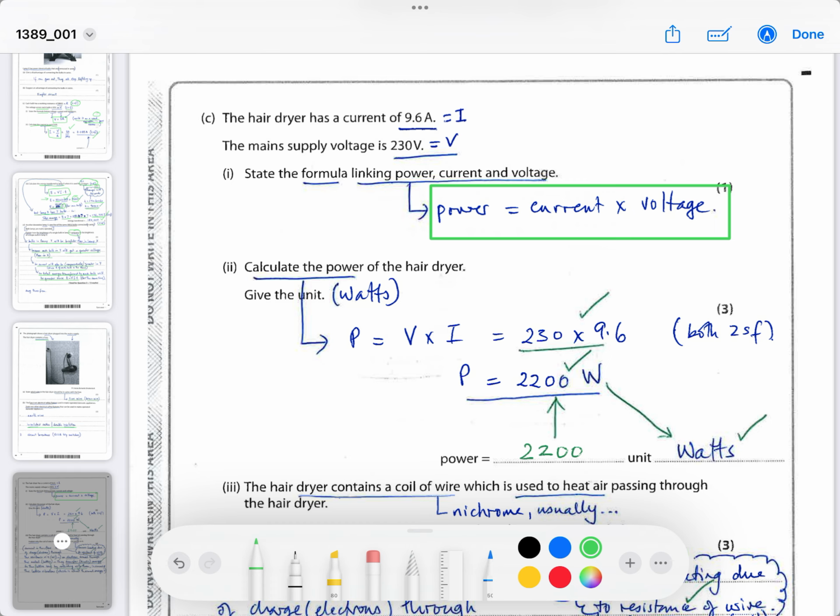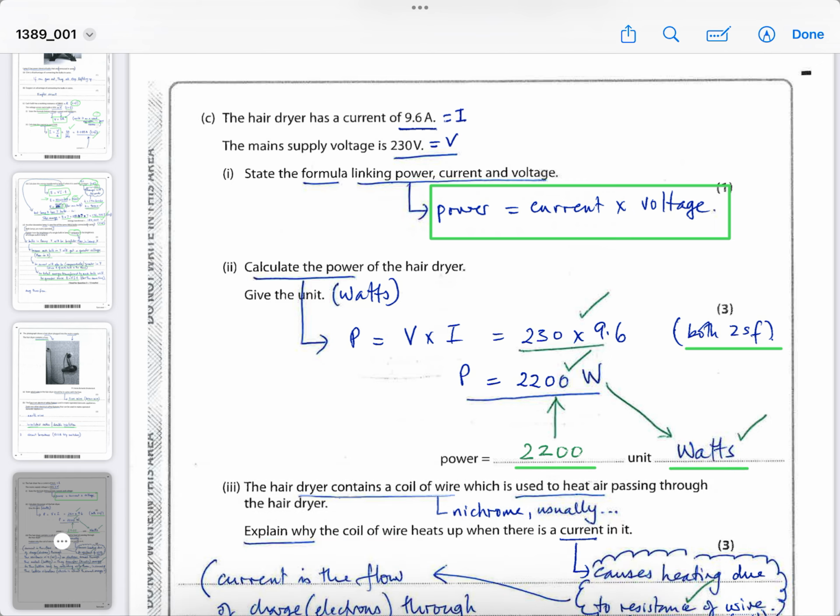We were given the voltage above, we were given the current. Each one was given to 2 significant figures, if you remember. 2 significant figures is the answer required. So if you multiply them together to 2 significant figures, you get 2,200. You've got to put the units in. You need to know that it's watts, which is how many joules it uses per second.